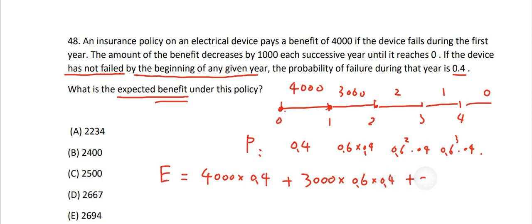Then plus third year fail, so this equals 0.6 squared times 0.4, right? So continue, then 0.6 cubed, then 0.4. Okay.